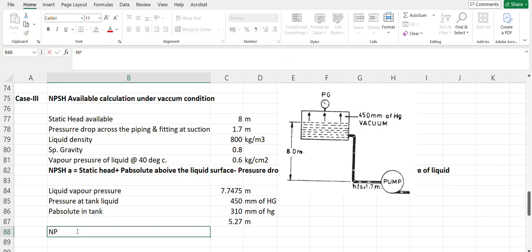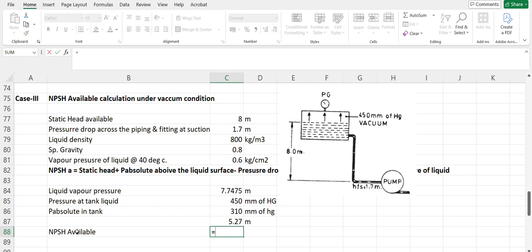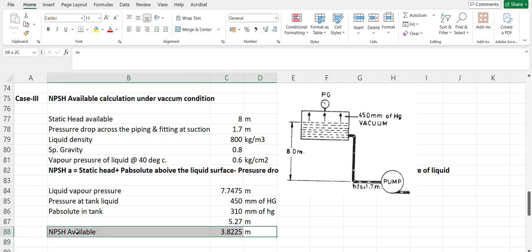So NPSH available is equal to static head plus P absolute minus vapor pressure and the delta P. Okay, so we got the NPSH available as 3 meters.